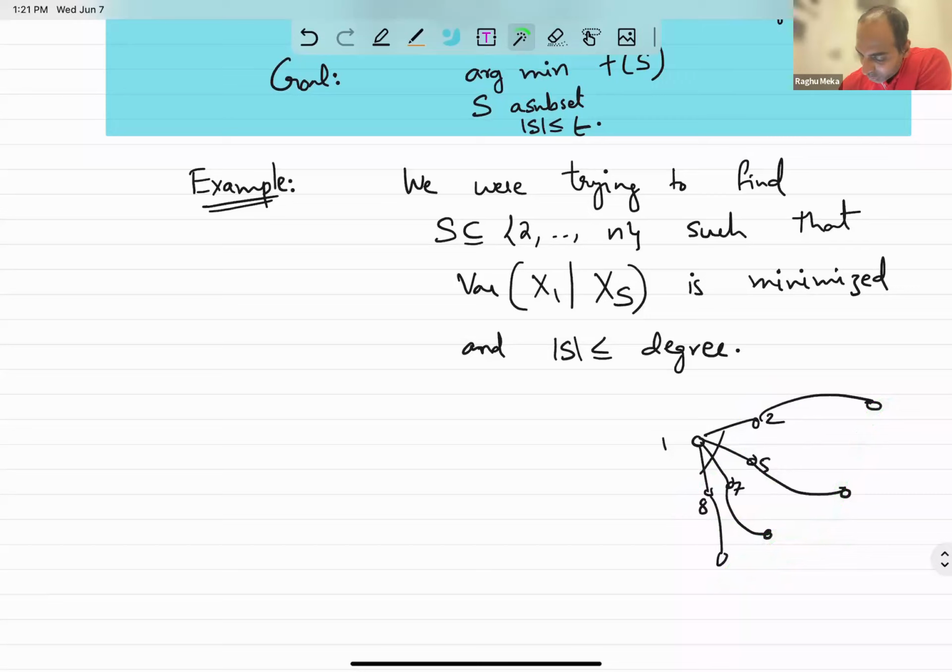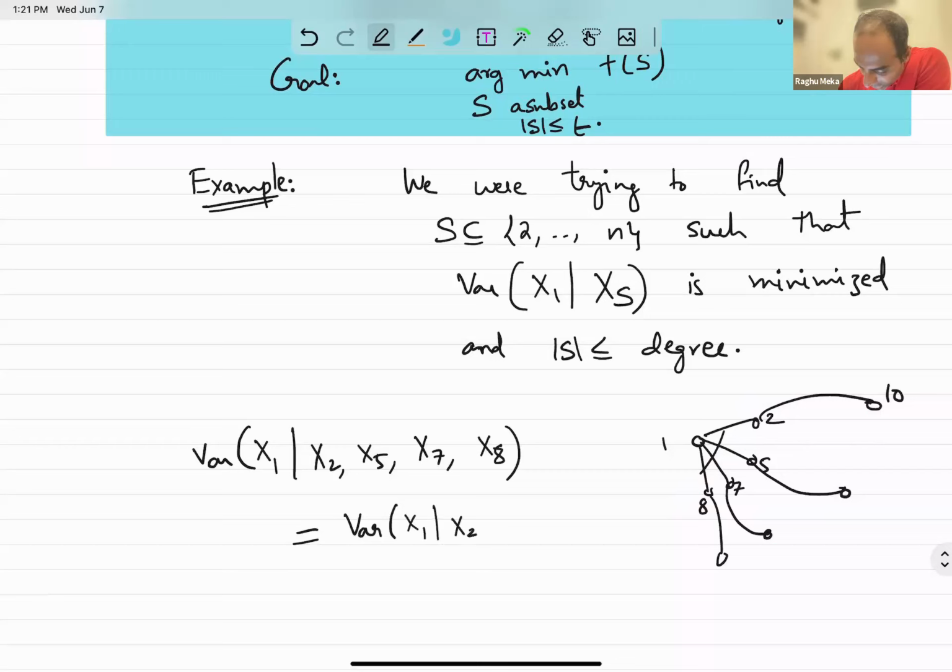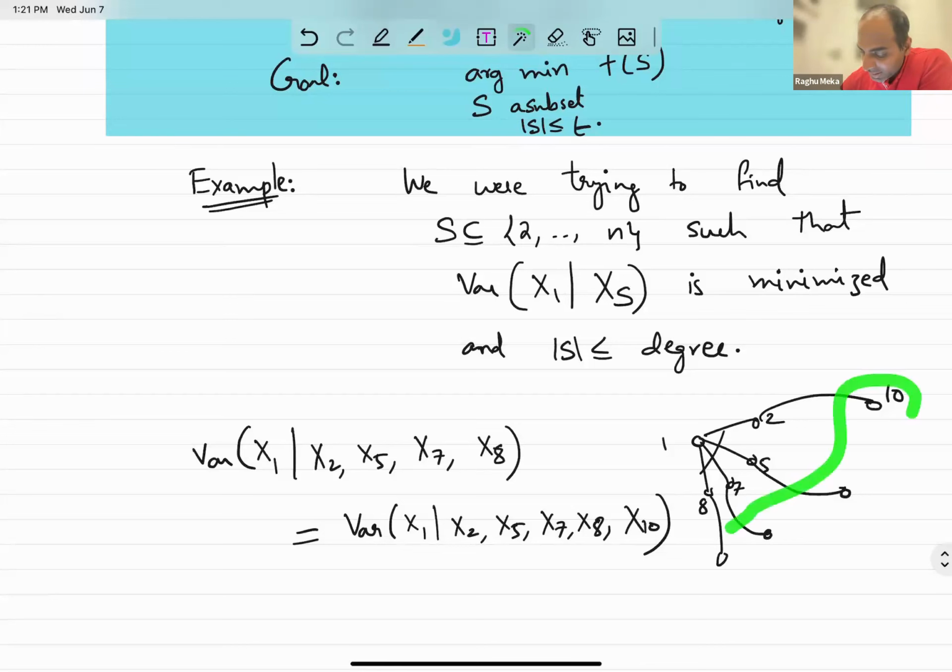So if I have 2, 5, 7, 8, and maybe 10, then the variance of x1 given x2, x5, x7, x8 is the same as the variance of x1 given x2, x5, x7, x8, x10. So adding these other things is not going to help me decrease the variance once I add all of the neighbors.